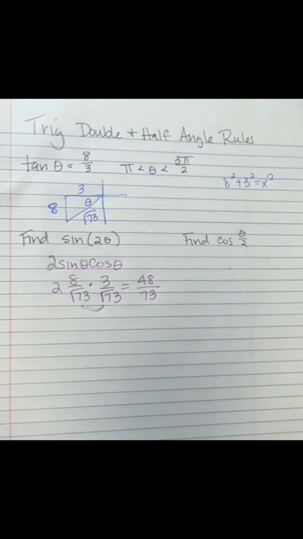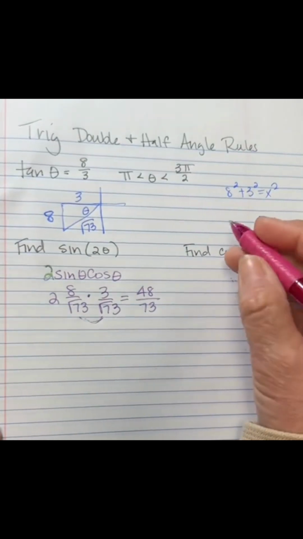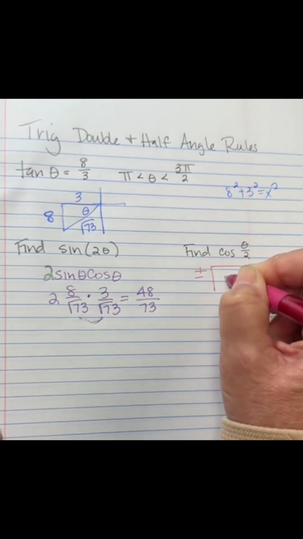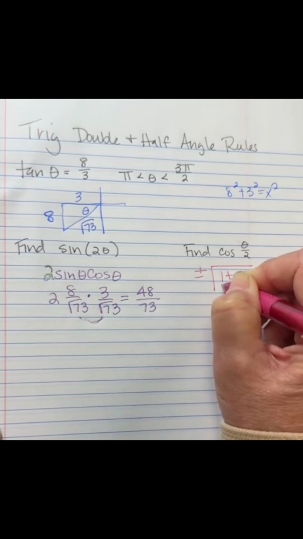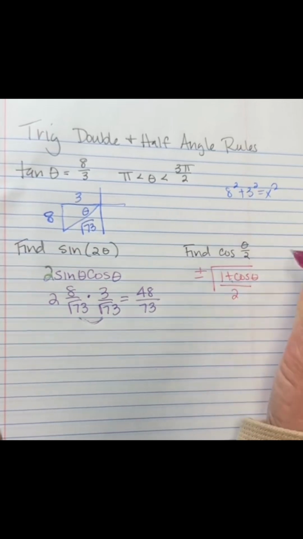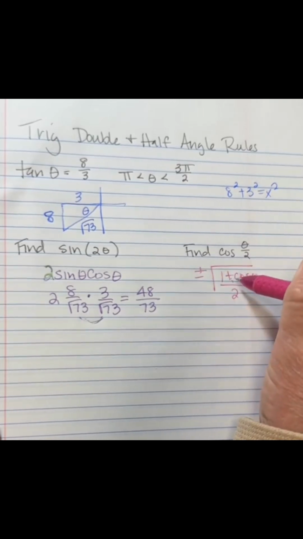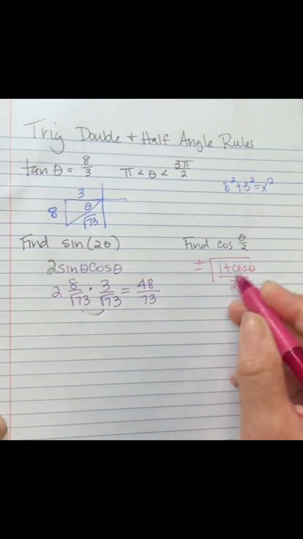And then when we're doing the cosine half angle, it is plus or minus the square root of 1 plus cosine theta over 2. So we have to decide whether it's plus or minus. This is always like if we go back one quadrant, what is the cosine in quadrant 2? It's going to be negative.